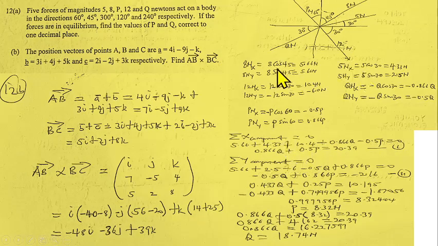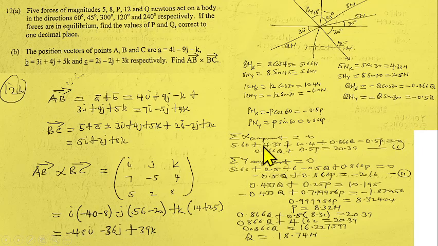So sum all the forces of the x component: 5.66, plus 4.33, plus 10.4, minus 0.866Q, minus 0.5P equals 0.